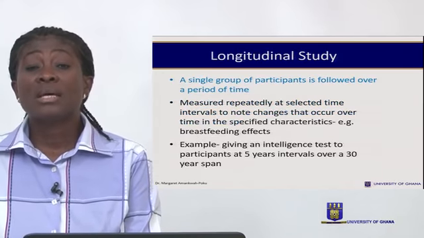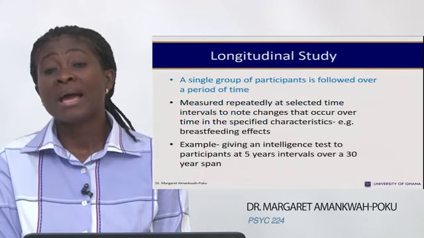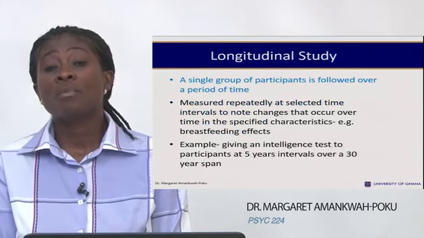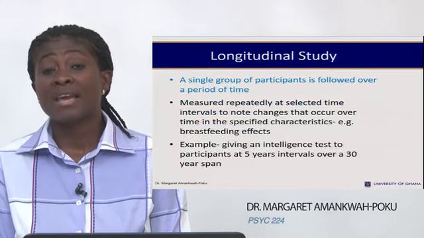Then we have the longitudinal study, where a single group of participants are followed over a period of time. So note the difference between a cross-sectional study and a longitudinal study. With a longitudinal study, you can take people who are age 5 and then observe them over a period of time up to when perhaps they turn 35 years.